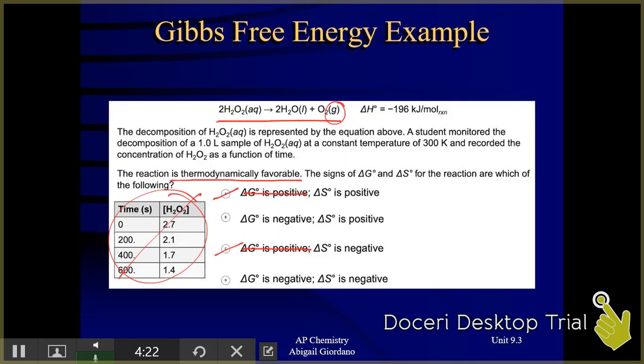So this reaction is clearly, from left to right, increasing in entropy. That means delta S is going to be positive. So guys, my answer is going to be answer choice B, because the reaction is favored, delta G is negative, and the reaction is going from one reactant to two products, plus one of my products is a gas. Entropy is definitely increasing.